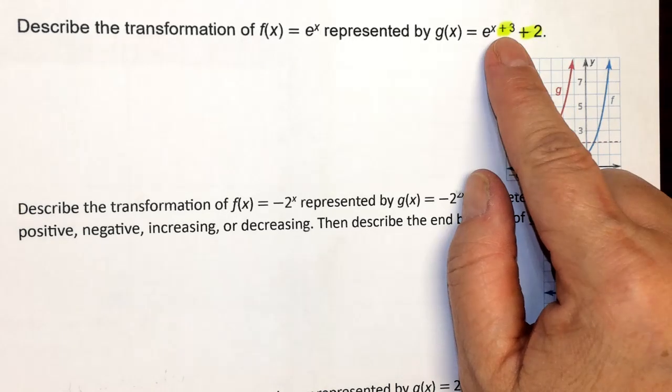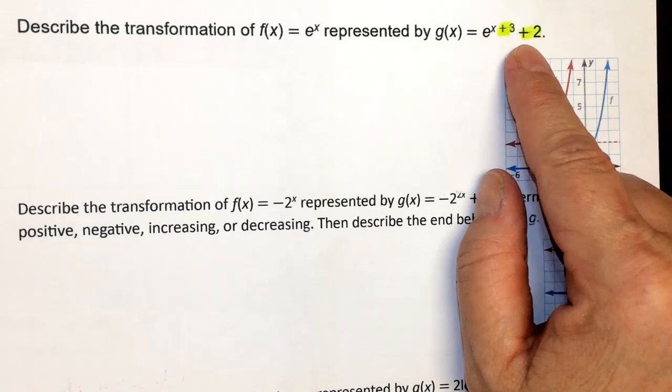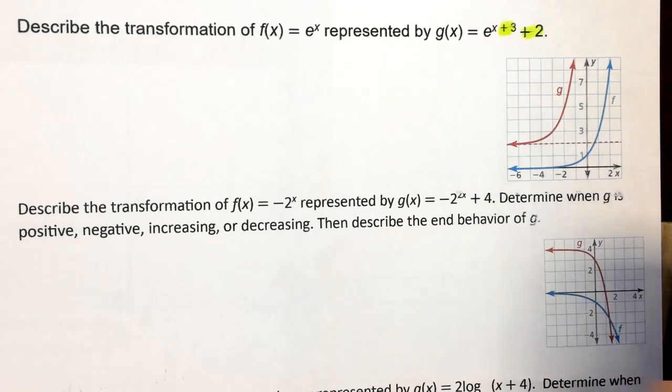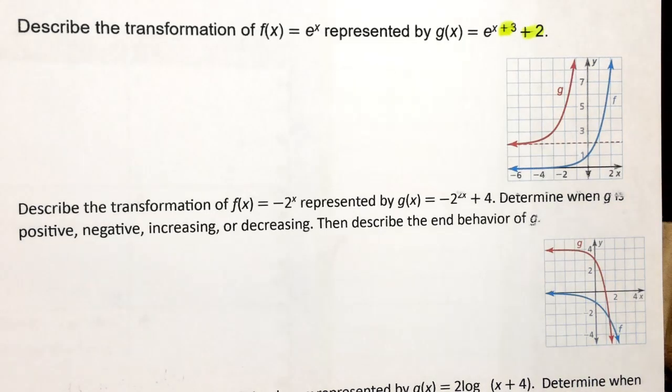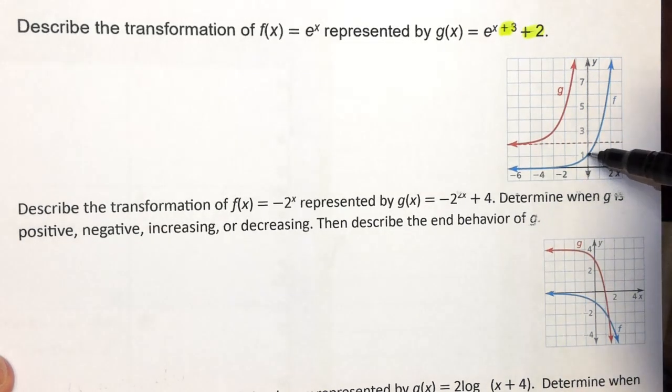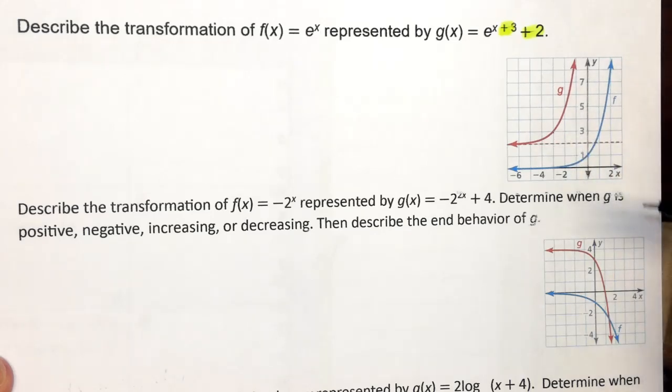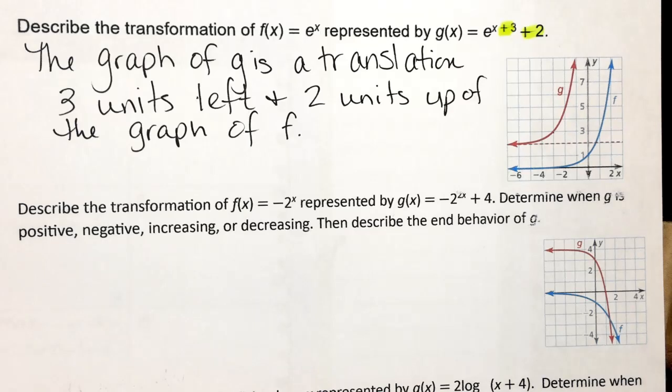So this one's going left, and this is not attached to that exponent, so this is a translation up. And as you can see here, if you pick a point and we tested it, would we go left 1, 2, 3 and up 1, 2? We sure would. All right, so the graph of g is a translation 3 units left and 2 units up of the graph of f.